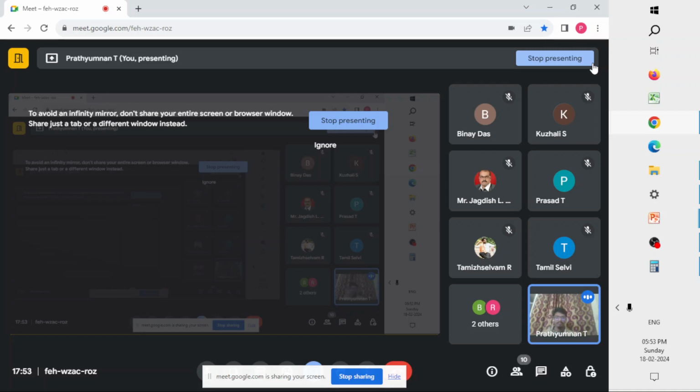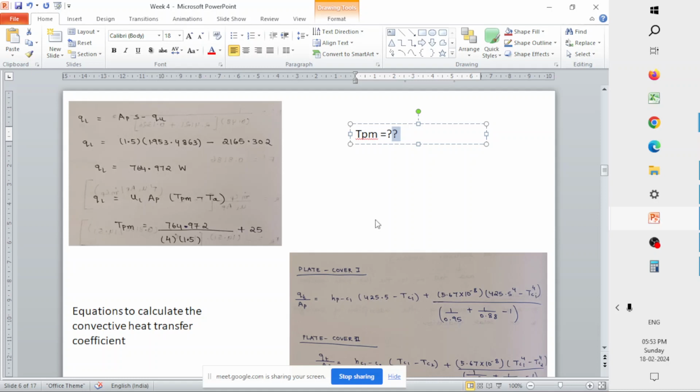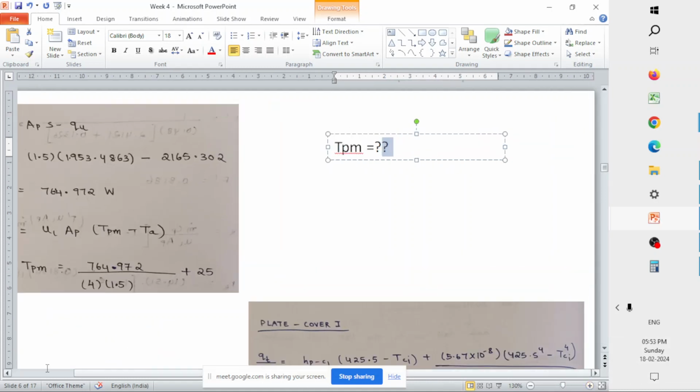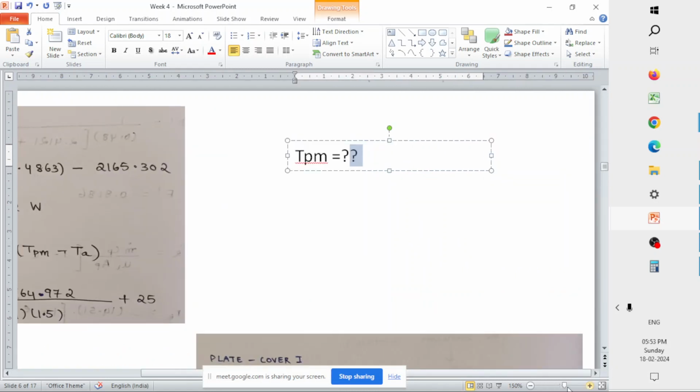So calculating the value of TPM, let me just keep that slide. It's just division, so you will be able to do it.